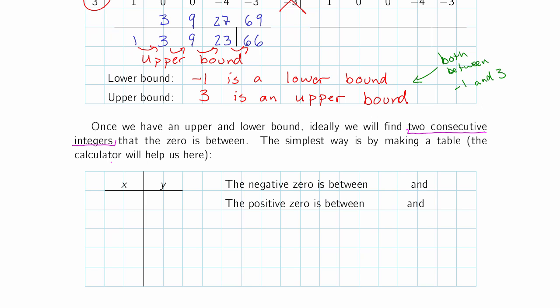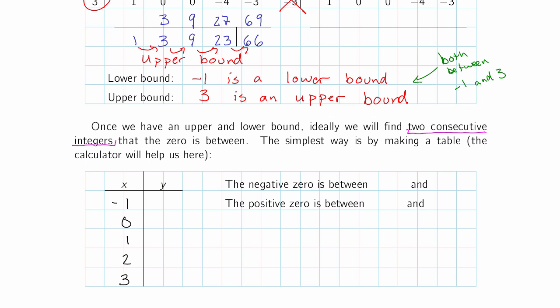So now that we know that our roots are between -1 and 3, the easiest way to find what consecutive integers they're between is to just make a little table. So our x value can be anything between -1 and 3. We're going to fill in the corresponding y values, and the easiest way to do that is to get our calculator to help us.